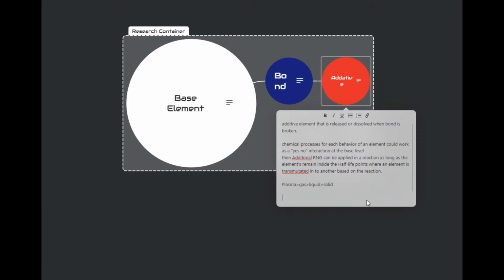So again, from plasma is ionization and deionization.